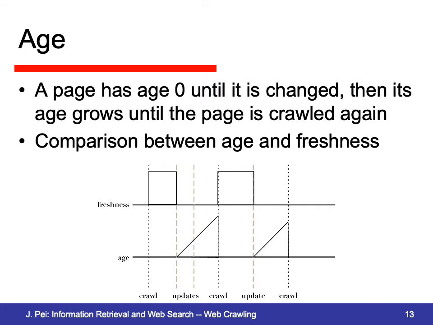Therefore, the longer the page is updated but not crawled, the more cost it will take for the crawler. Therefore, the crawler has to look at those pages that have been updated for a while and then should try to catch up with those crawling tasks to bring down the overall age of the whole corpus they want to crawl.